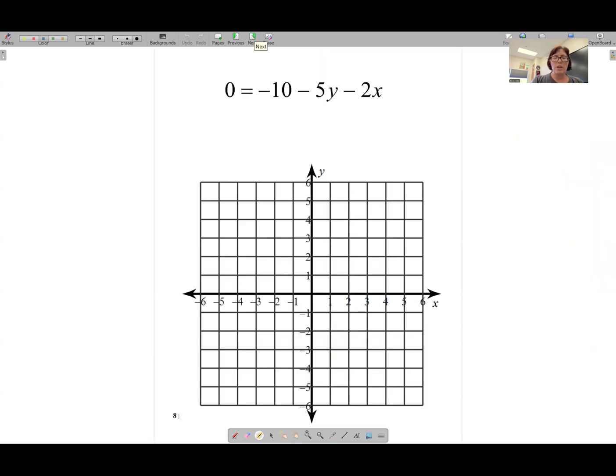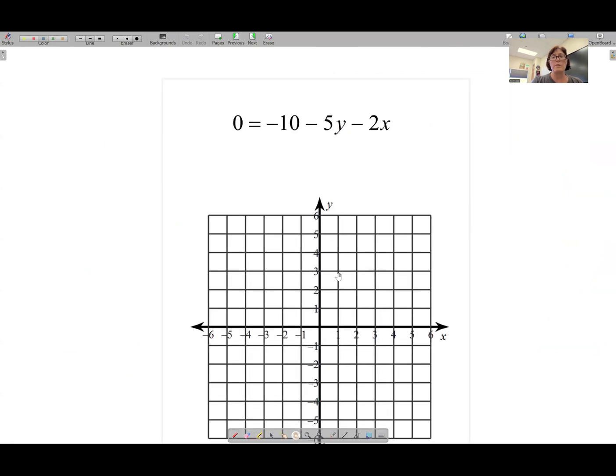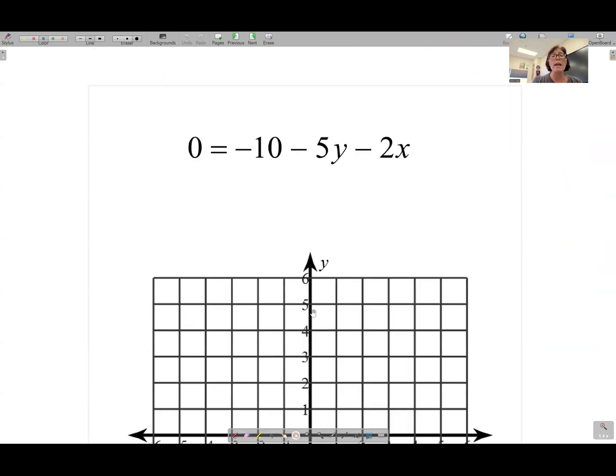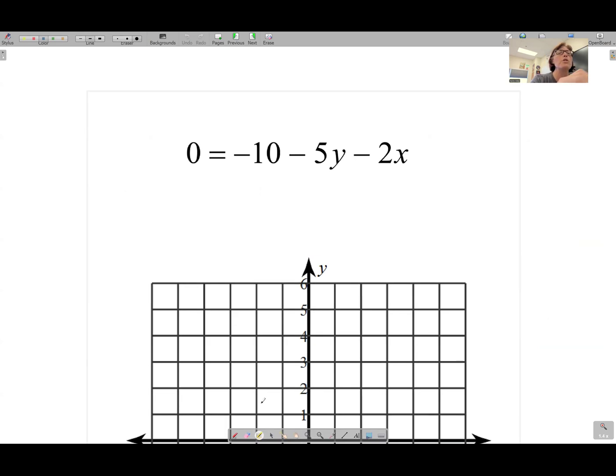Now, sometimes it is not in y equals mx plus b, and in that case, you have to get y by itself before you can do anything else. So we need to get y by itself. So here, everyone's trying to get away from y, so I'm going to add the 2x, add 2x.